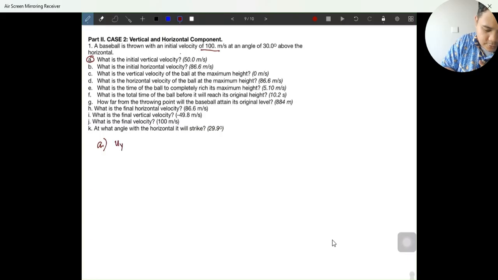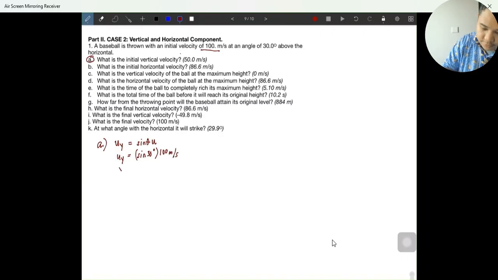Okay, uy, that would be the sine of the angle multiplied by u, the initial velocity. Now take note that the initial vertical velocity is different from the initial velocity. So here we have uy equals sine 30 degrees multiplied by u, which is 100 meters per second.